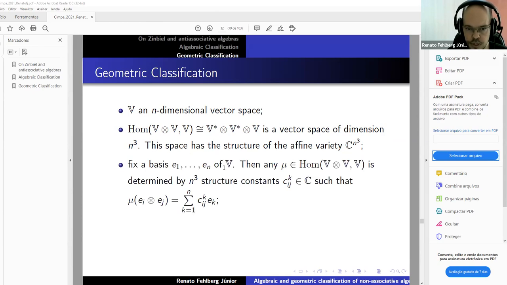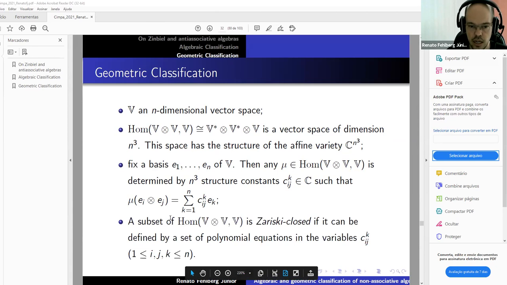We fix a basis of this vector space V, and an element in Hom is determined by n^3 structure constants that we denote c_ijk in C. And we say that a subset in Hom is Zariski closed if it can be defined by a set of polynomial equations in these variables c_ijk.